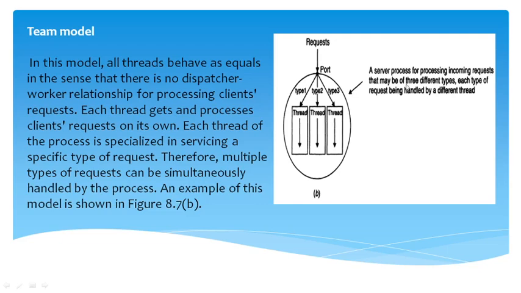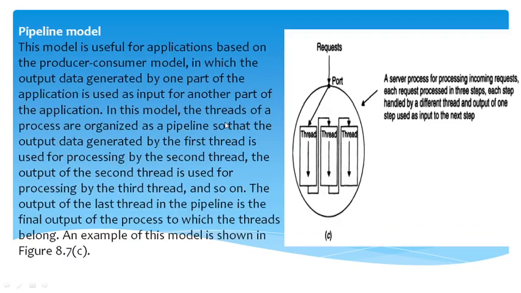So here the incoming requests may be of three different types. Each request type will be handled by different threads. That is the team model. As a team, they are solving different types of client requests. And the next is the pipeline model.